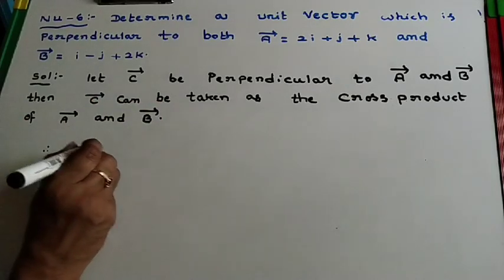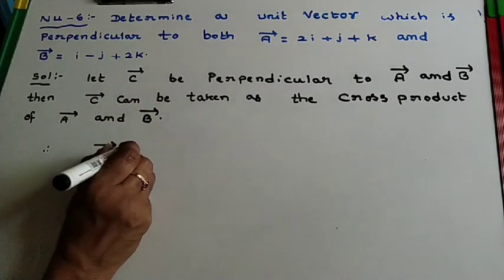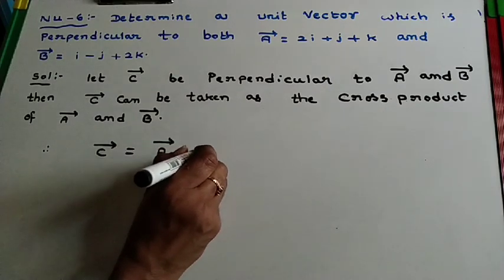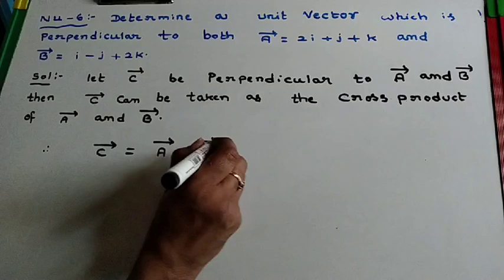Therefore, C vector is equal to A vector cross B vector.